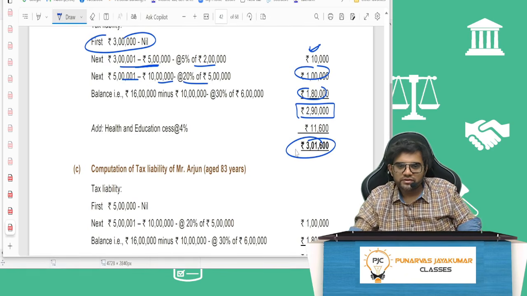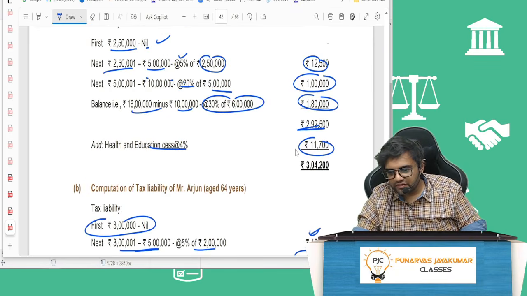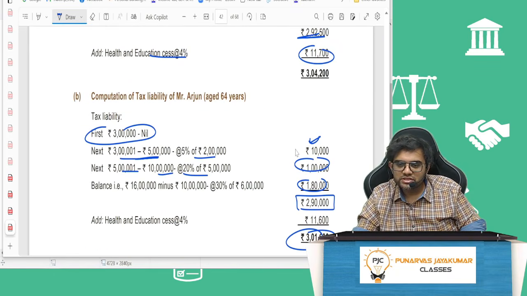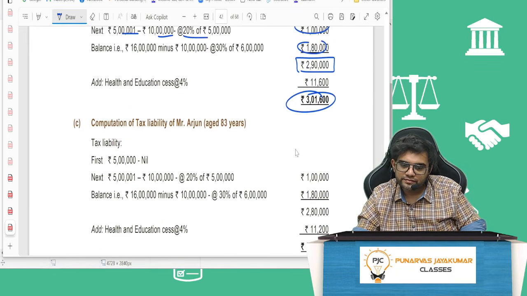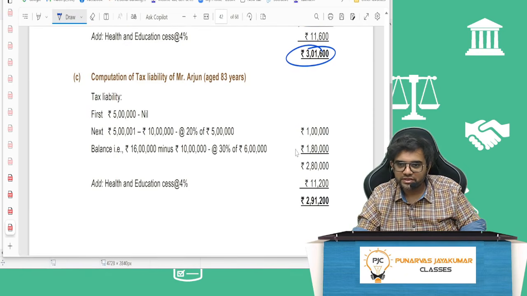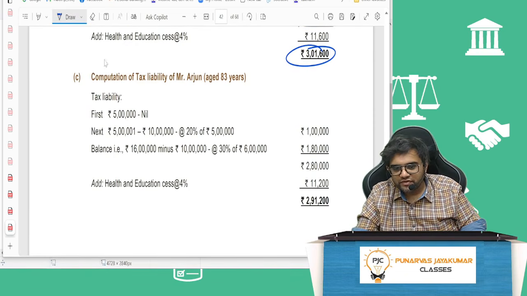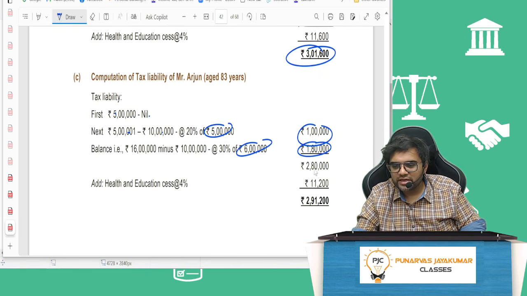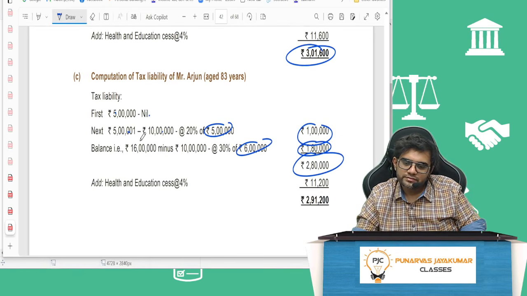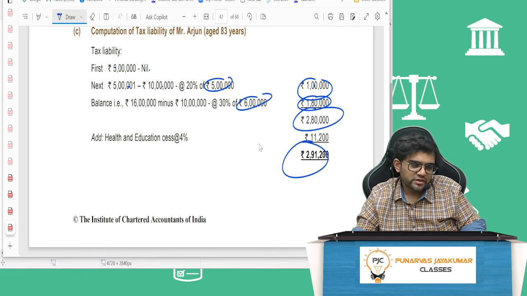Overall 3 lakh 1,600. First it is 3 lakh 4,200, now 3 lakh 1,600, 3,000 rupees decrease. Next, if you are super senior, 80 plus, first 5 lakh nil, 5 lakh to 10 lakh 20%, 1 lakh. Then remaining 6 lakh 30%, 1 lakh 80. Total 2 lakh 80. And if you add cess also, 2 lakh 91,200.